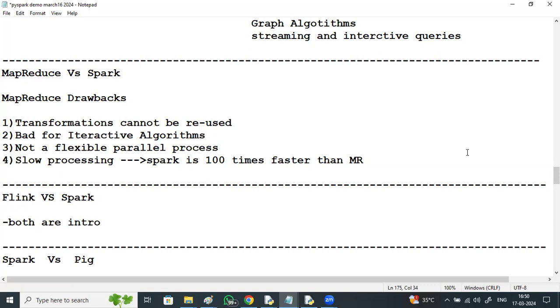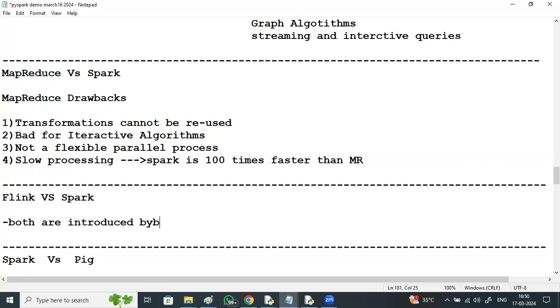When people got updated with Spark, there was immediately talk that Spark is going away from the market, getting outdated, and Flink is dominating Spark. So everyone tried to update with Flink rather than Spark. First Spark was introduced, next Flink was introduced.